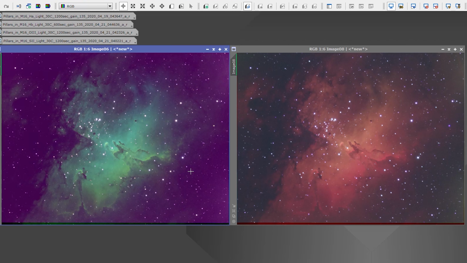I'm going to start working on my workflow for LRGB data and get my process icons and everything set up.